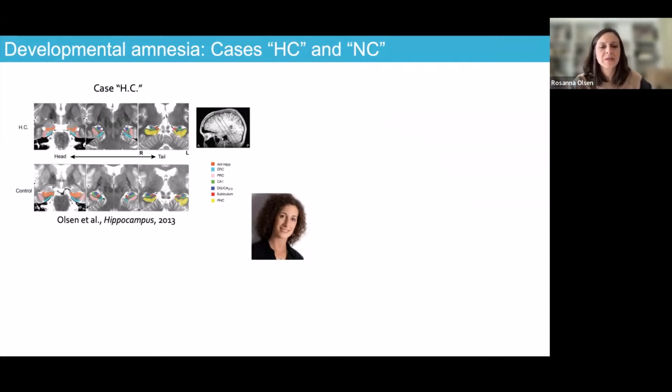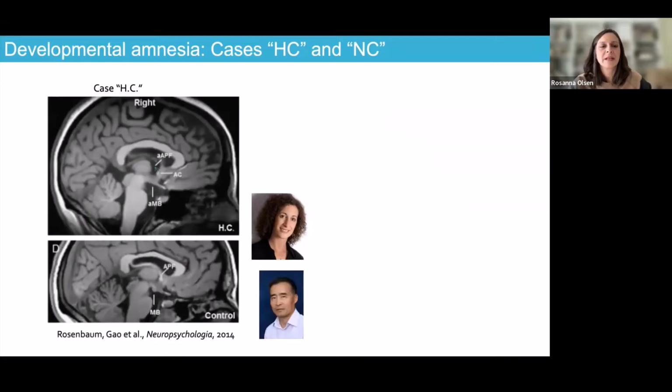But she's also interesting for another reason, and that is that Shana and Fucheng Gao, who is a neuroradiologist at Sunnybrook Hospital working with Sandy Black, has shown that in addition to that bilateral volume loss in the hippocampus, she actually also has significant abnormalities to the extended Papez circuit and extended hippocampal system. So for example, she has abnormalities to her fornix, to her mammillothalamic tract.